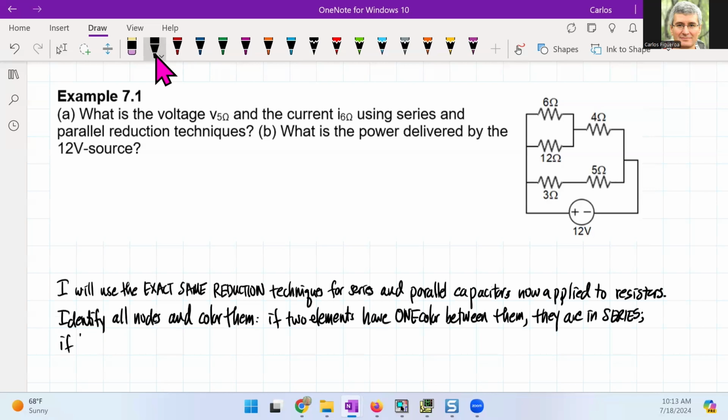If two elements have two colors between them, they are in parallel.